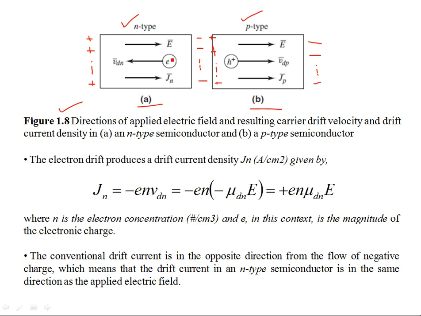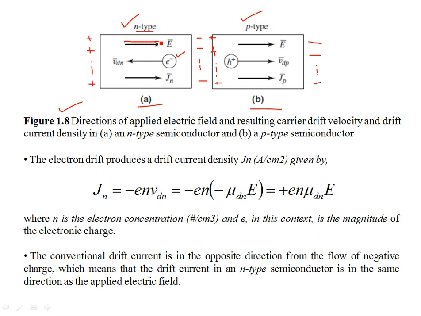In an N-type semiconductor material, the majority of free carriers are electrons, and they are free to move in the conduction band of the lattice. Due to the opposing charge of the electron, they are going to experience a force opposite to that of the E field.